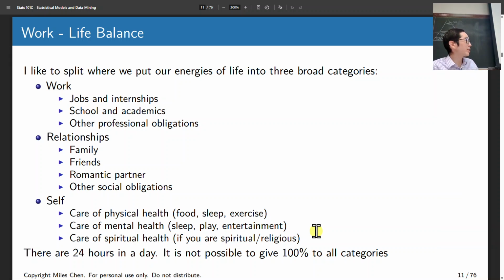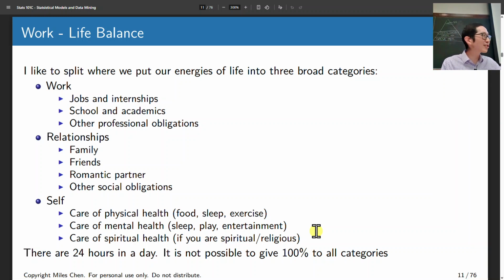All of these things require time, and you can't just put 100% to everything. And so you have to pick and choose. You have to pick and choose what's going to be important to you. And that's, I think, where you can achieve a healthy work-life balance, by choosing what's important to you and being okay with the things that you don't put your time into.